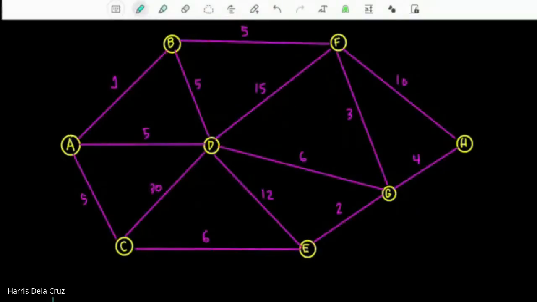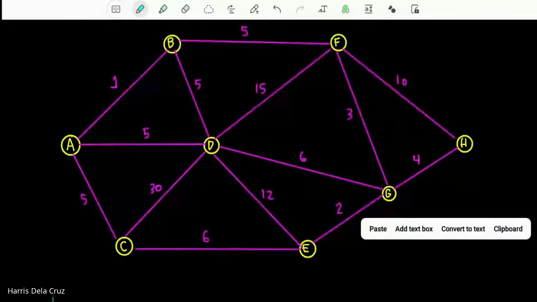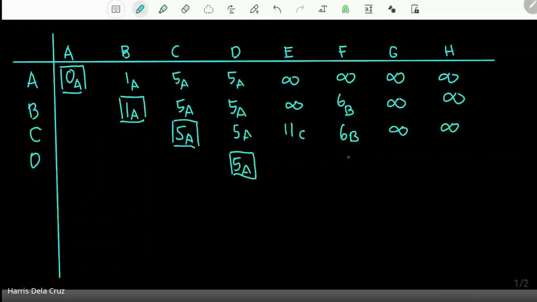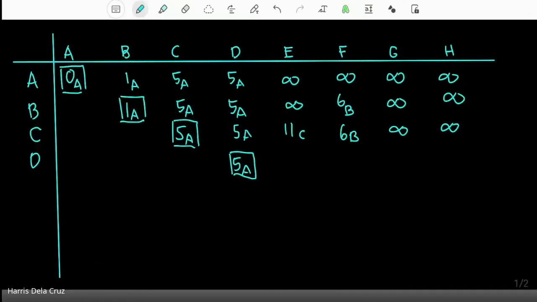So to get to F, from D we have 5 plus 15 or 20. But currently the temporary label of F is 6, which is smaller than 20. So we are going to keep this label and disregard the label given by this iteration. So we are going to copy again 6 sub B.